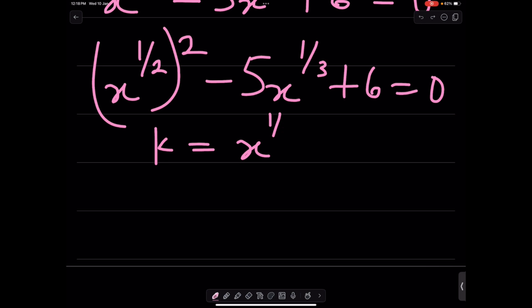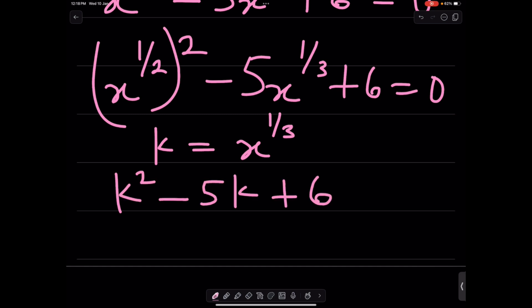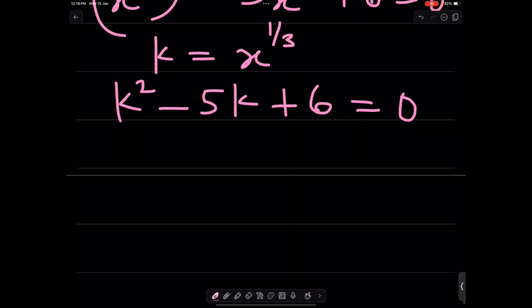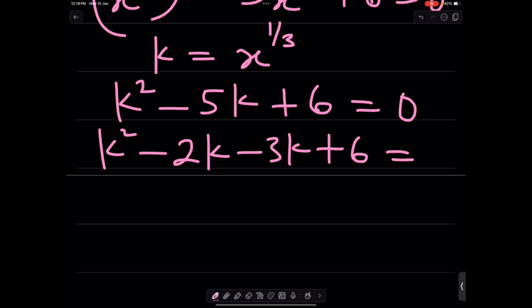If k is equal to x raised to power 1 over 3, that simply means the equation becomes k squared minus 5k plus 6 equals 0. And if we factorize this, we are going to get k squared minus 2k minus 3k plus 6 equals 0. I'm solving this equation by the factorization method.